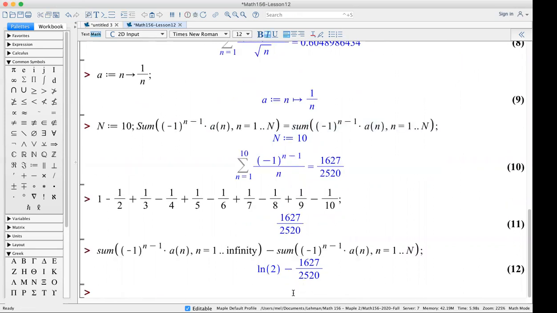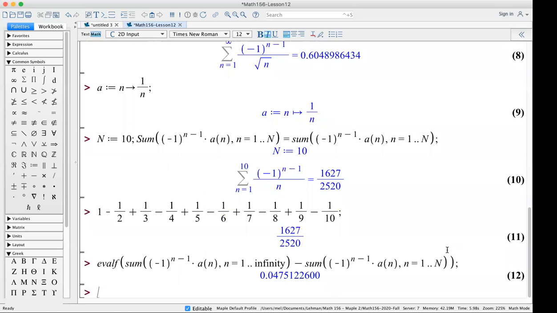What is that? Let's try to know what it is exactly. Let's write it as a decimal. And the beautiful theorem about alternating series tells you the following.